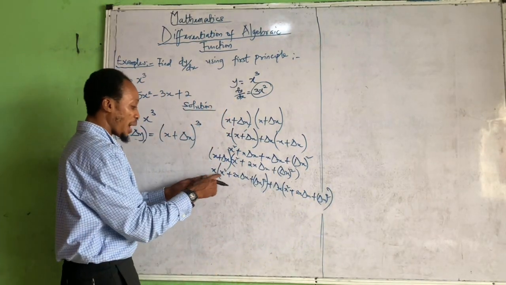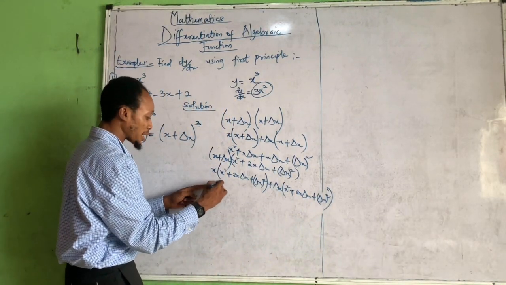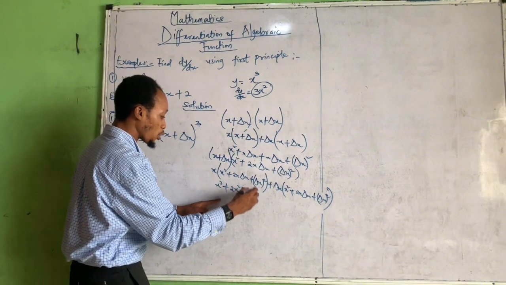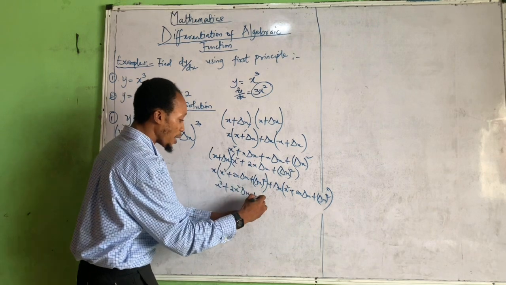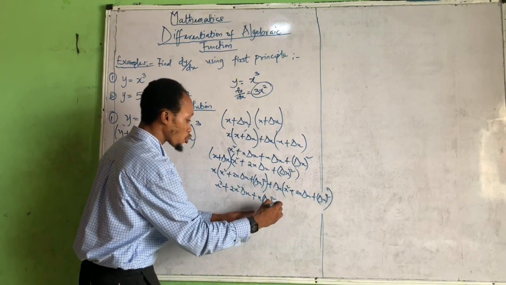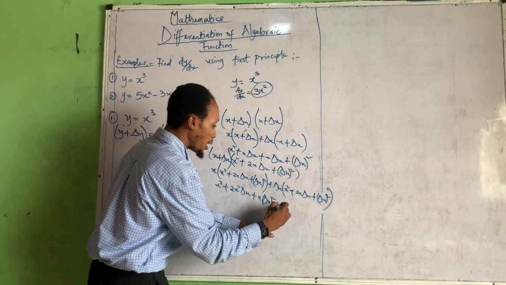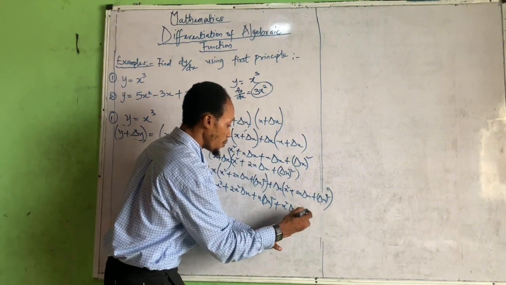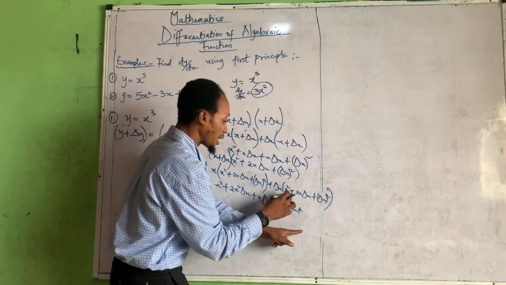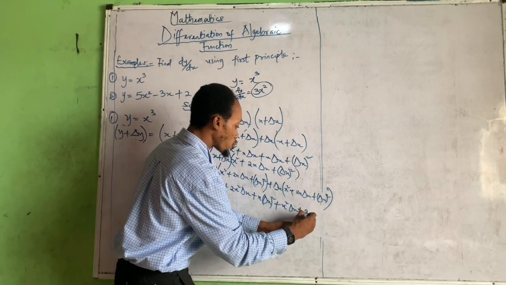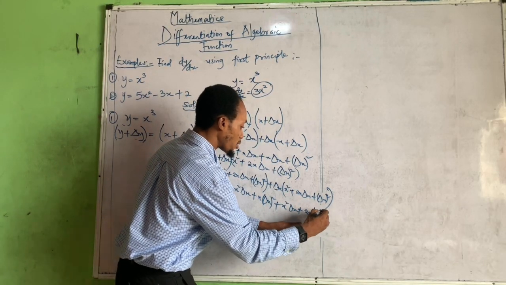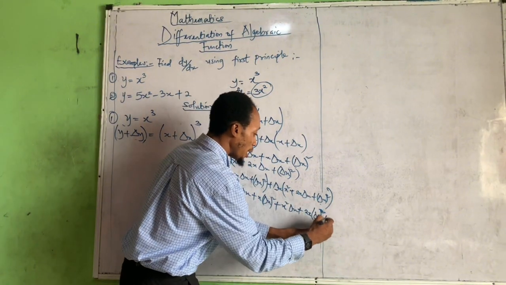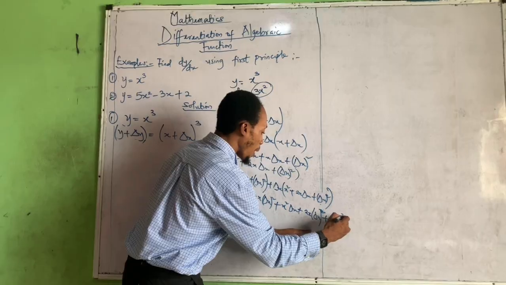Now when I open this, that will be x times x squared, x raised to the power 3, plus x times 2x delta x, that will be 2x squared delta x, plus x times delta x squared, that is x delta x squared, plus delta x times x squared, that will be x squared delta x. Then I have delta x times 2x delta x, that will be 2x delta x squared, and delta x times delta x squared, that will be delta x all raised to the power 3.